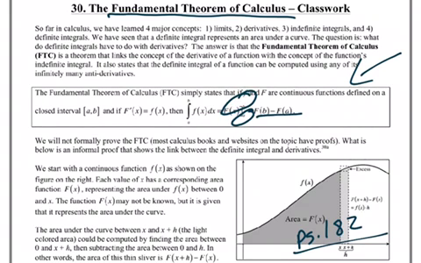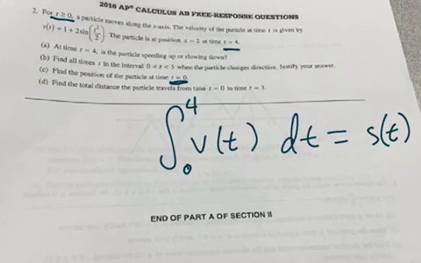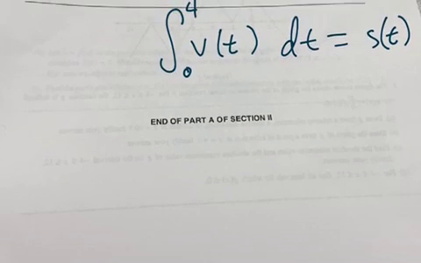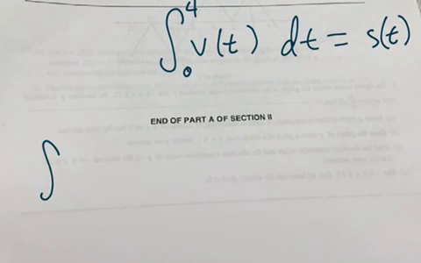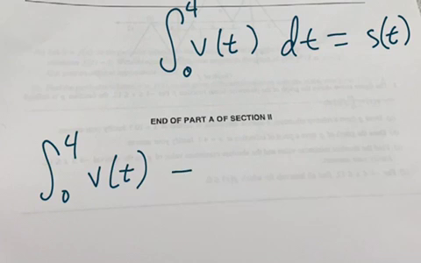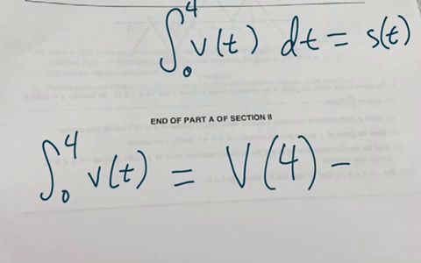It's essentially saying the integral is equal to the antiderivative at the top minus the antiderivative at the bottom, right? So we can say here that the integration from 0 to 4 of v(t) is equal to v of 4 minus v of 0. What told me that I needed to do this? Well, one, I'm looking for something I can solve.